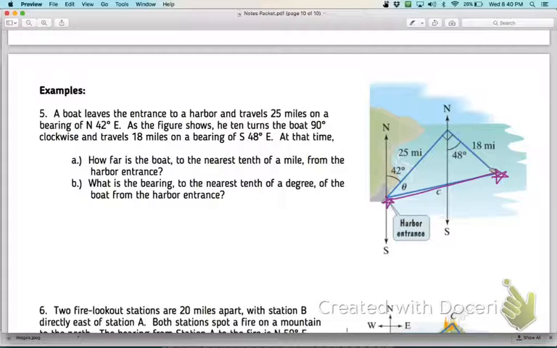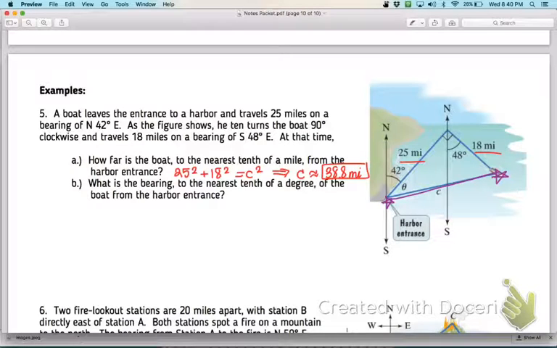So in this case, it's not even that because we've got these two sides, 18 and 25, so we can just use the Pythagorean theorem to figure out C. So we're going to say that 25 squared plus 18 squared is equal to C squared. You're going to add those together and take the square root of both sides, and you should come out with C is approximately equal to 38.8. And it did say to the nearest tenth of a mile, and don't forget your units, that is 38.8 miles. So that's the distance of the hypotenuse there.